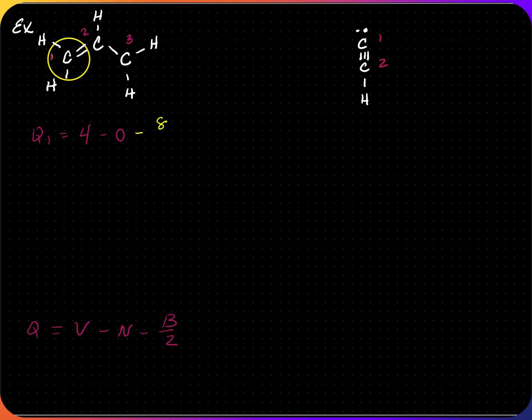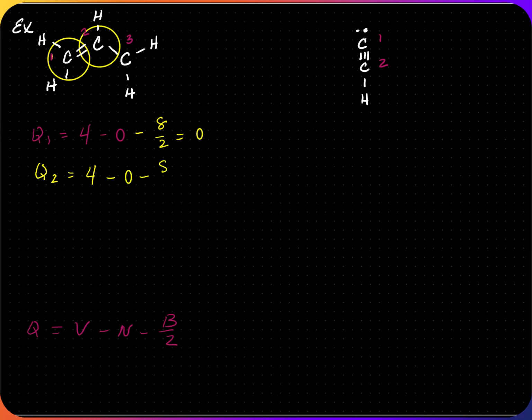So that's going to be minus 8 divided by 2. So that's going to have a charge of 0. The charge of the second carbon is going to be 4 valence electrons. There's no lone if I look here.